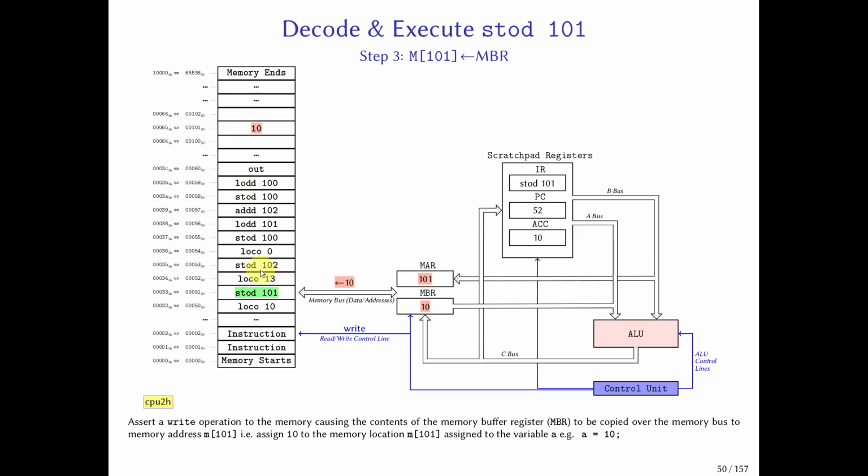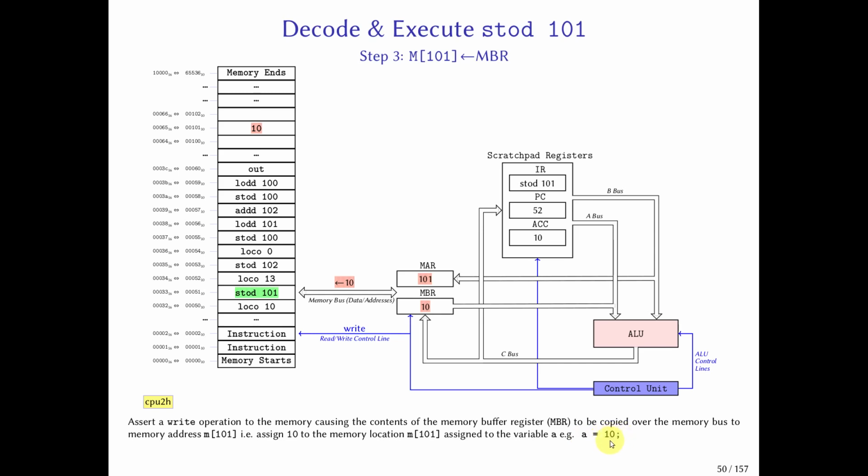Now the net effect of that, after having executed two machine code instructions, loco 10 and stod 101, is equivalent to the high level instruction A is equal to 10.